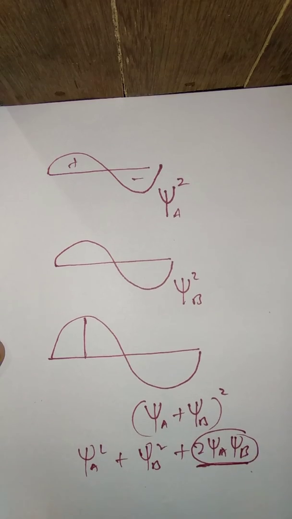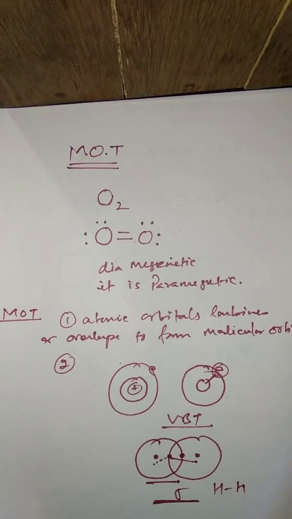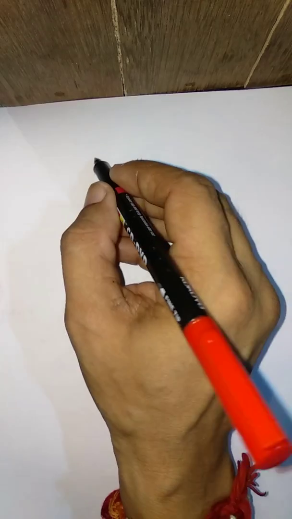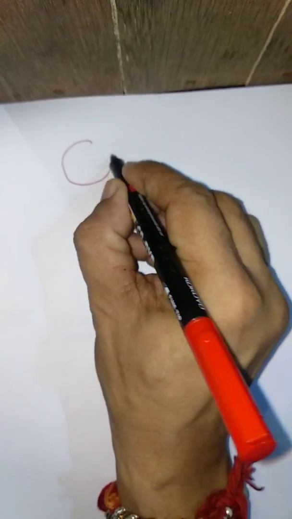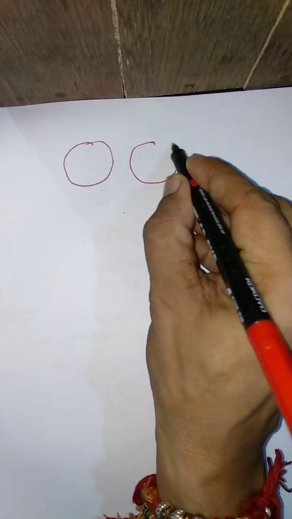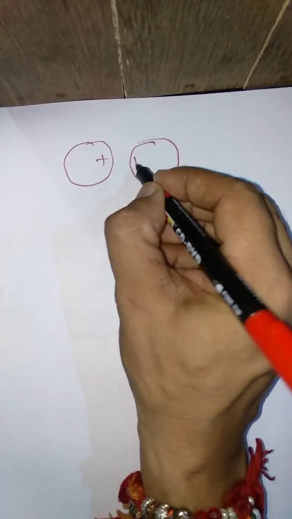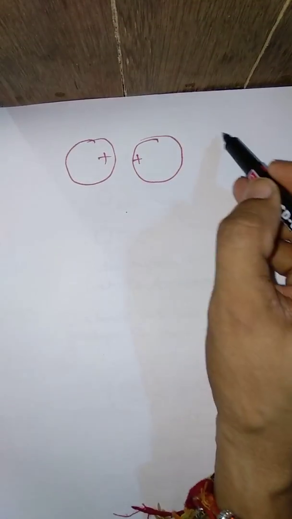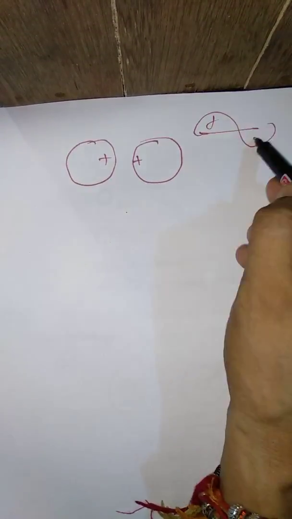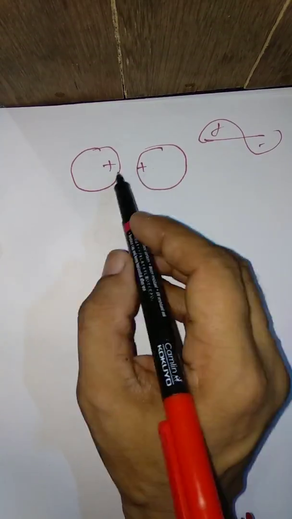For instance, if we take 1s and 1s orbitals of the same phase, here the phase can be represented as plus and plus. That is the same thing as we have drawn, this plus and minus, and plus and plus. It means they are in the same phase.